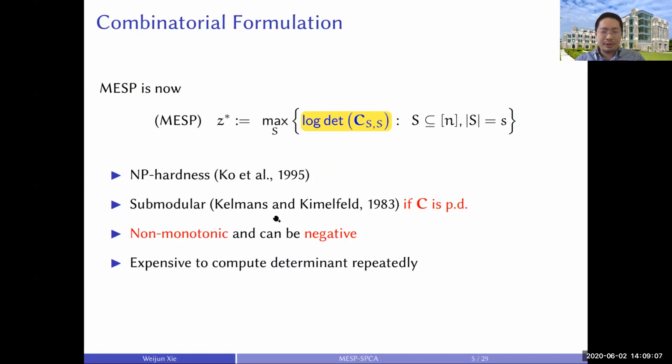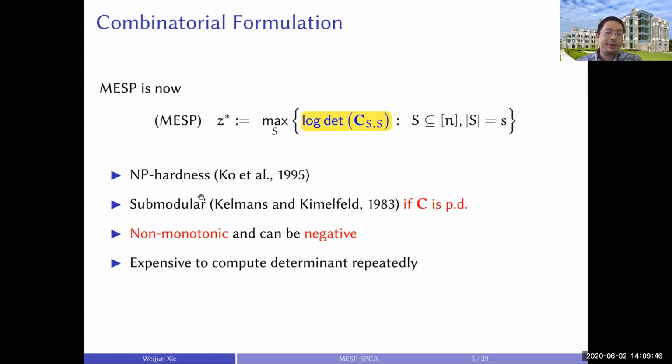The nice structure you might wonder about is that this function is submodular in terms of the subset S. But you should be careful here: the submodularity only holds when C, the covariance matrix, is positive definite. If the covariance matrix is singular, then the submodularity does not hold. For example, if two observations are identical to each other, then the covariance matrix is singular and submodularity does not hold.